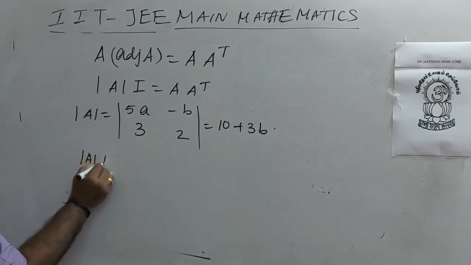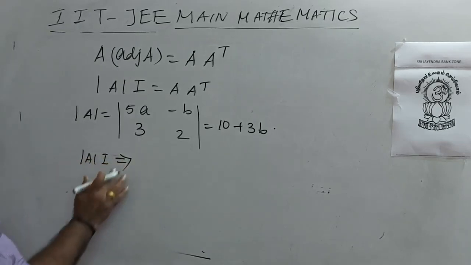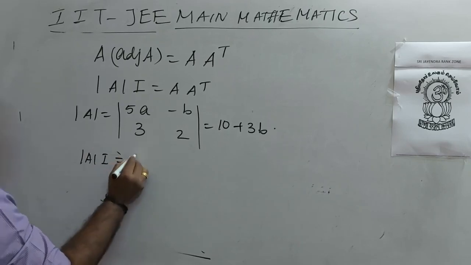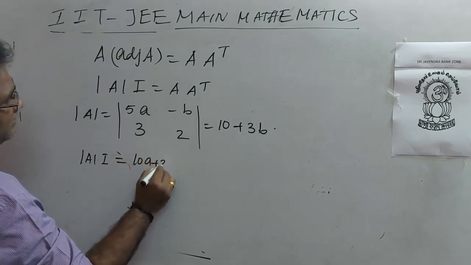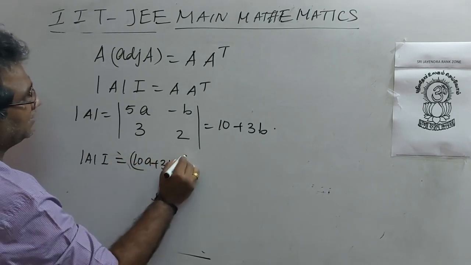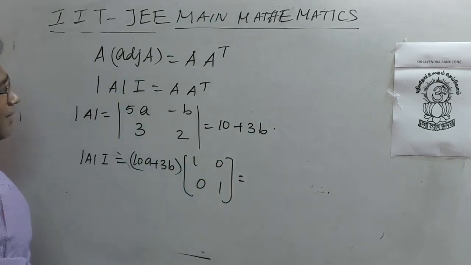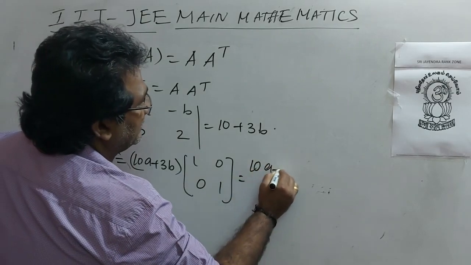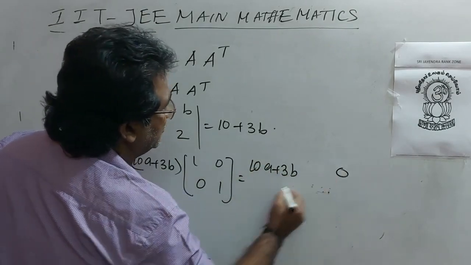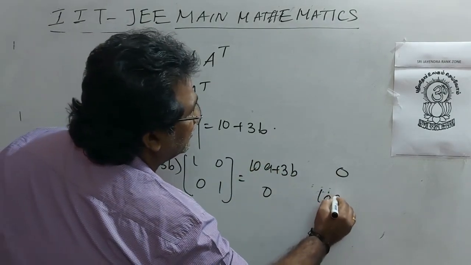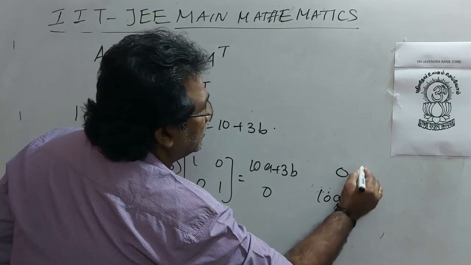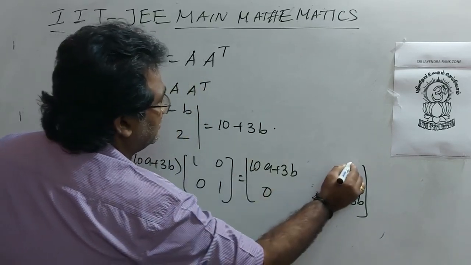So determinant A into I equal to 10a plus 3b into the identity matrix: 10a plus 3b, 0, 0, 10a plus 3b.